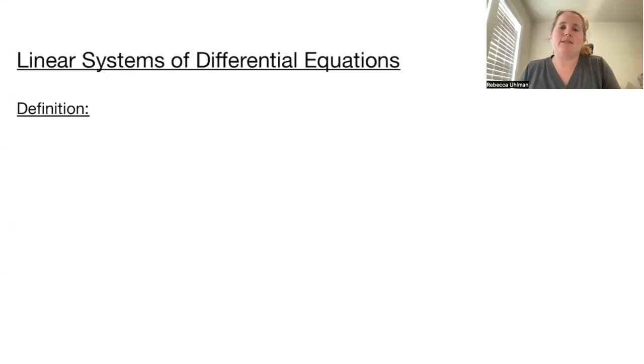Welcome to linear systems of differential equations. So, definition: a system, we're going to stick with linear first order systems.